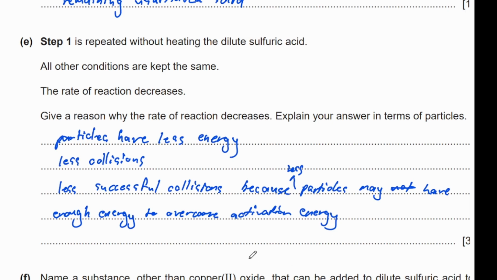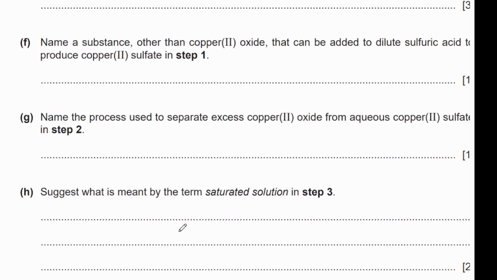F. Name the substance other than copper oxide that can be added to dilute sulfuric acid to produce copper sulfate in step 1. There are two things you can add. It can be either copper carbonate, or you can also add copper hydroxide.